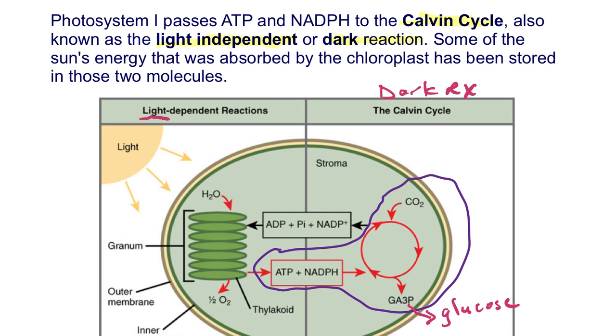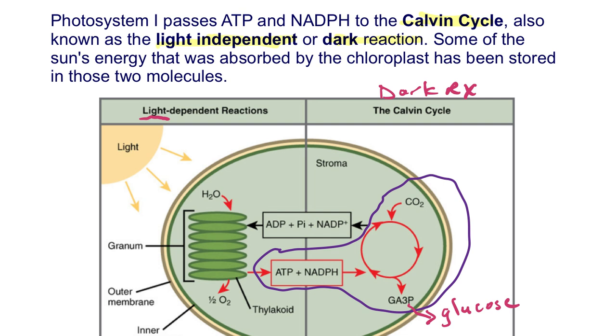The whole purpose is to charge up these de-energized molecules of NADP and ADP, and to charge them up to ATP and NADPH. The energy to do that came basically from the electrons from chlorophyll absorbing the energy.